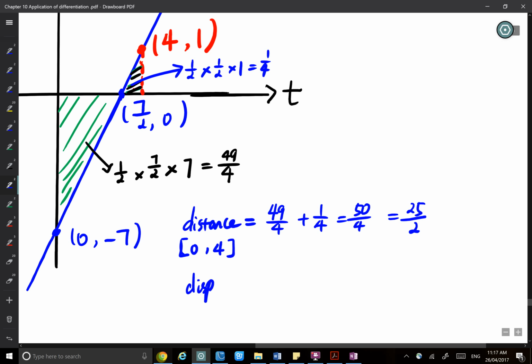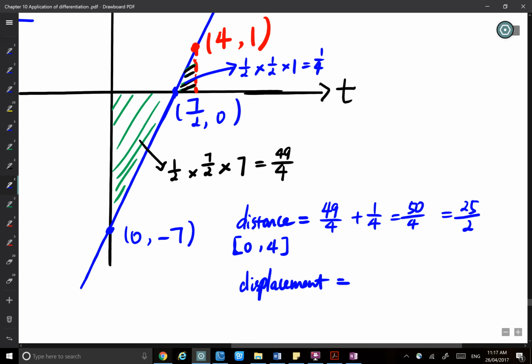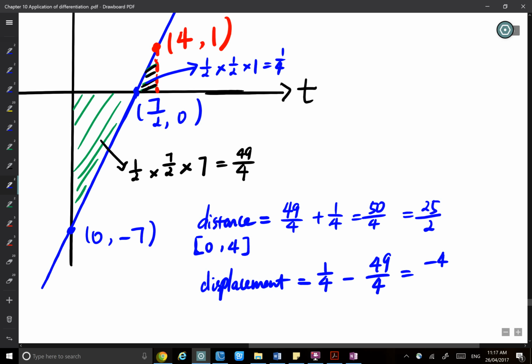If you want to know the displacement, you will take the sign into account. The quarter is a positive quarter, but the area under the axis will become negative. That gives you negative 48 over 4, that is negative 12. Okay, that is from 0 to 4 as well. Can you see that is the displacement?